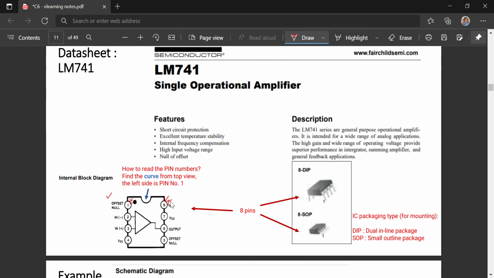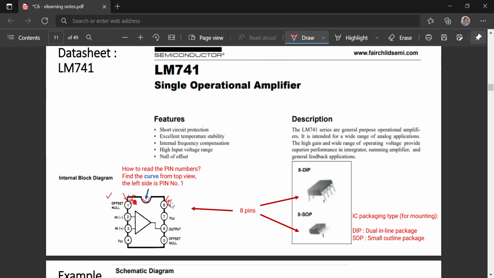On the physical op-amp, we can see there is a curve. On the left of the curve is the first pin, and there is a black dot over here to indicate this is pin number 1.